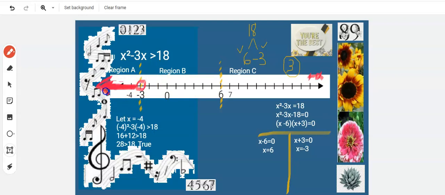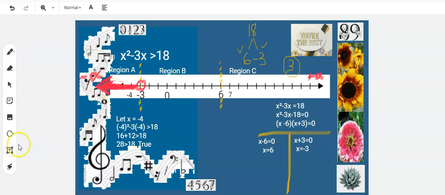So we draw an arrow like that. Okay, and then we write negative infinity. Alright, so para diri sa atong solution set, daghan kaayo ang pwede nga x values. Wala appeal ang negative 3, okay? And then, any numbers less than negative 3, okay, will be part of the solution set.